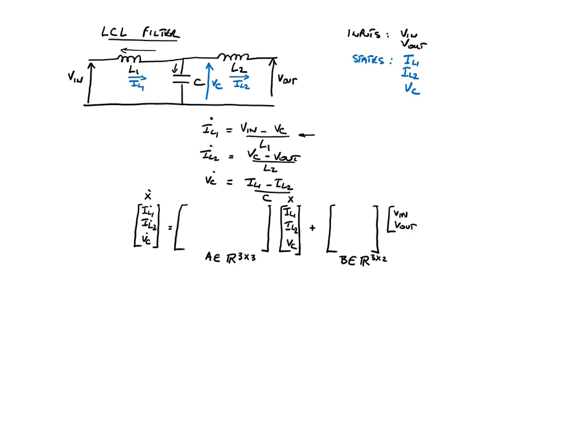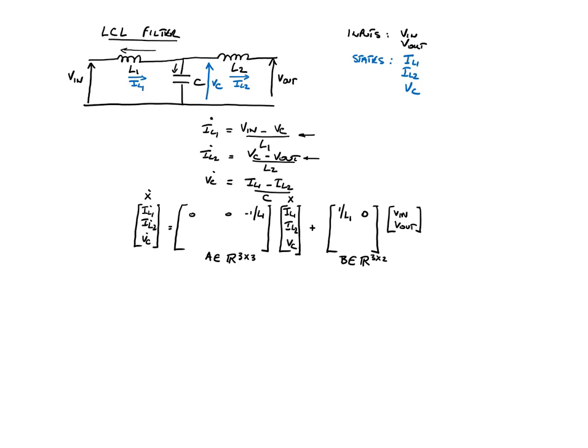As far as the states are concerned, the first equation only depends on Vc, so we'll have 0, 0, minus 1 over L1, and it depends on V in, so we'll have 1 over L1, 0. We can look at the second equation over here.